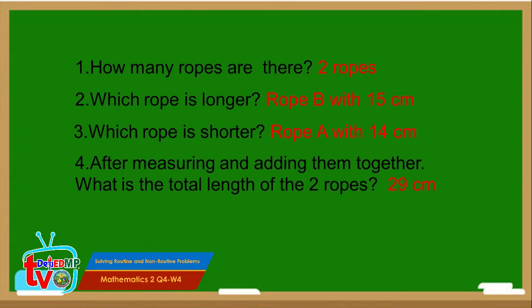And then, what is the total length of the 2 ropes? It is 29 centimeters. How did you get your answer? You have added 15 centimeters plus 14 centimeters equals 29 centimeters. Did you get it correct?